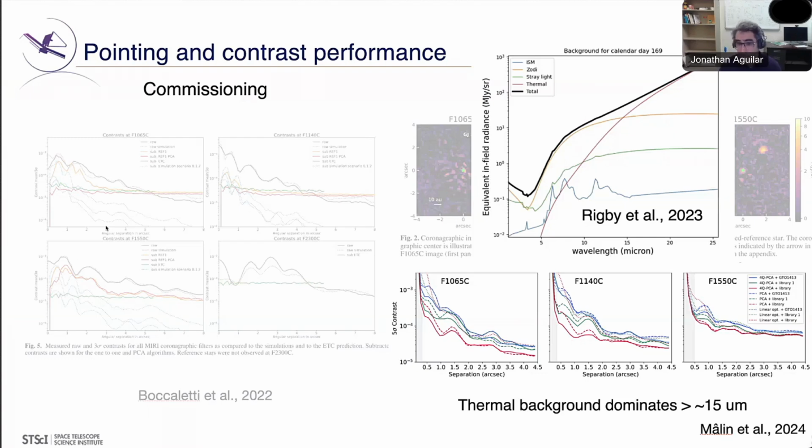And those give you the best contrast because, tilt events aside, the mirror is very stable. We have really great wavefront control. And so by leveraging the power of this library, multiple PSFs, to really match the position of your star, you can dig really deep. And with the 4-quadrant phase masks, you can go to very small separations as well.